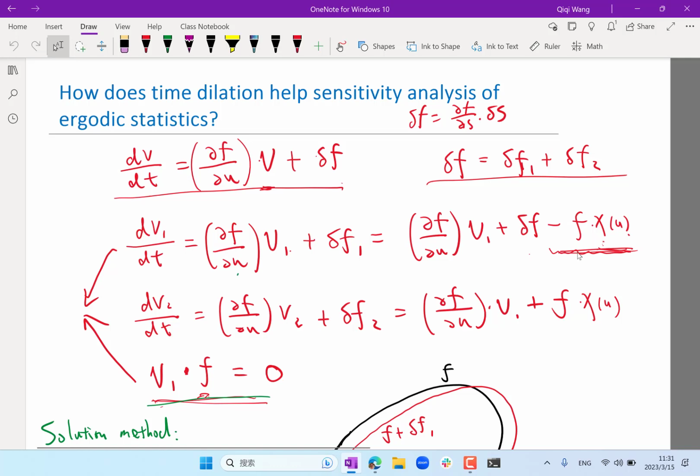Chi is basically what needs to be subtracted from the first tangent equation, such that the solution of the tangent equation would always be orthogonal to f, to du dt. It is basically the delta f2 that needs to be subtracted from delta f, such that delta f minus delta f2 is actually the delta f1 we are looking for. That does not change the period.